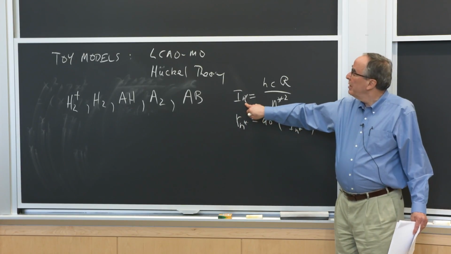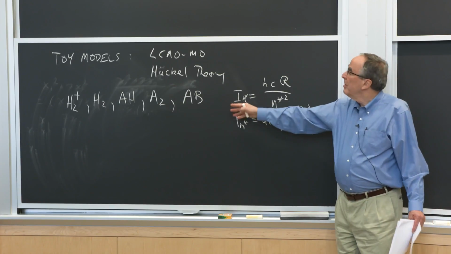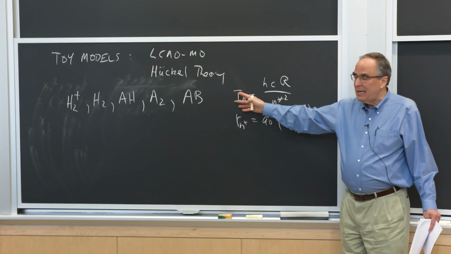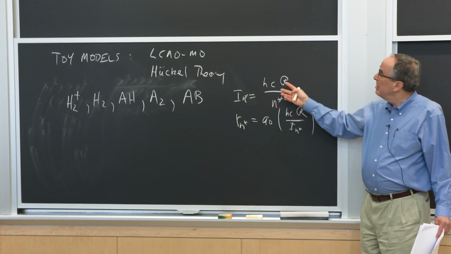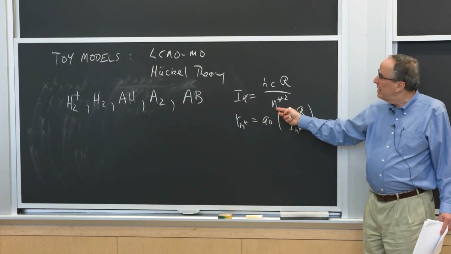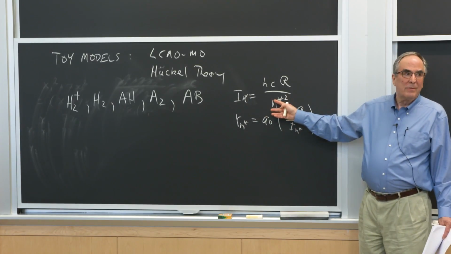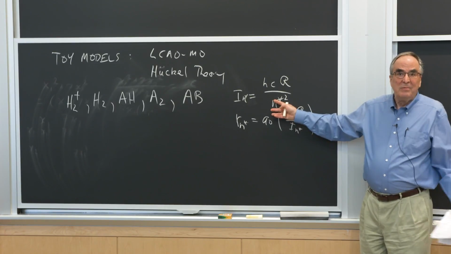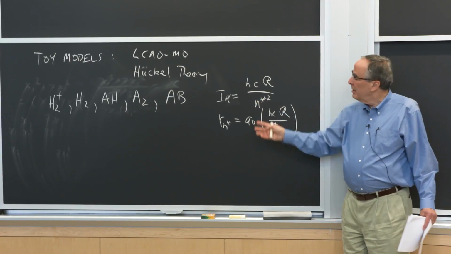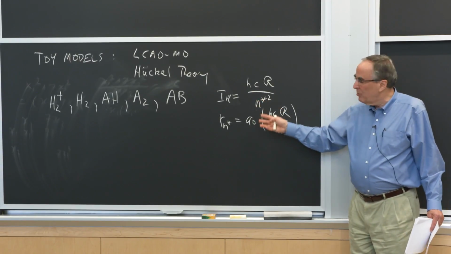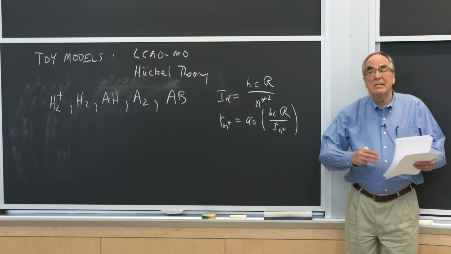And so if we know what the ionization energy from a particular state is, we can use that ionization energy to derive a non-integer principal quantum number. This is all empirical. And then we use that empirical principal quantum number to get the size of the orbital. And basically, the size is everything.